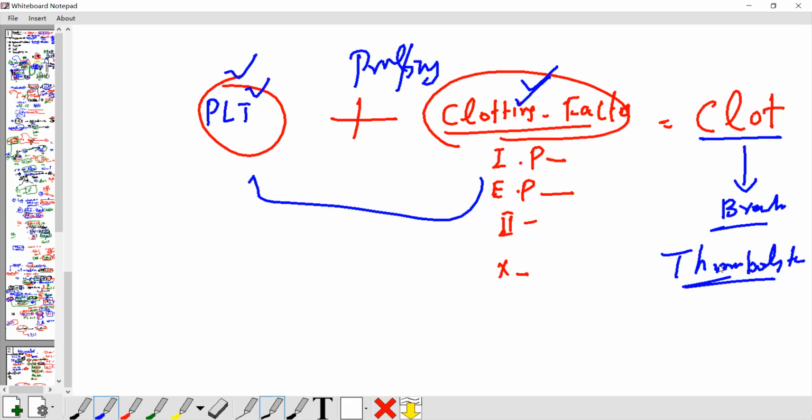Clear? So thrombolytics is not your first priority. Here, the first thing to break the clot in case of the heart is PCI, percutaneous coronary intervention. Percutaneous coronary intervention is the first option for MI, for transmural MI. The second option is thrombolytics.